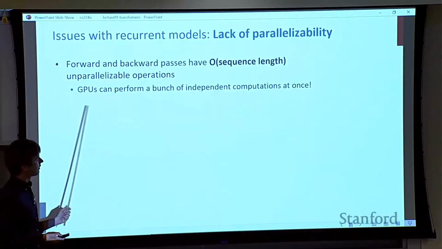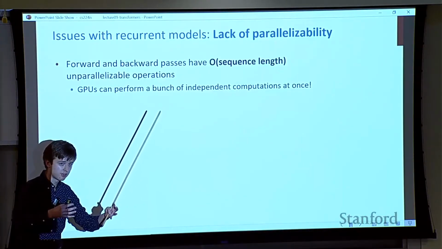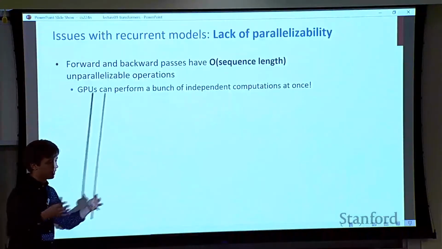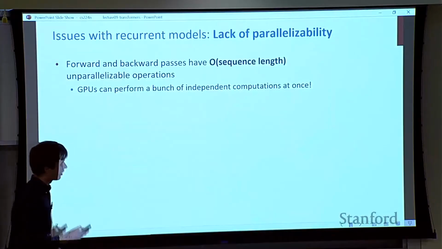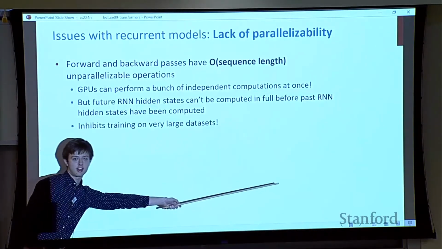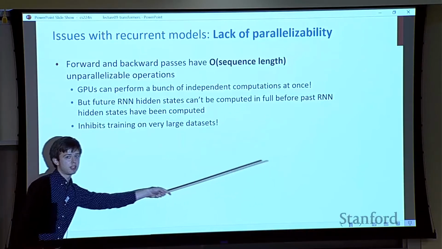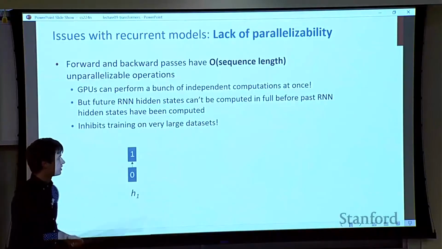And while you have a GPU that can chunk through a bunch of independent operations at once, you're unable to do them all at once because you have this explicit time dependence in the recurrent equations. In particular, a future RNN state down the line can't be computed until you've computed one that's earlier on. And this inhibits training on very large data sets.